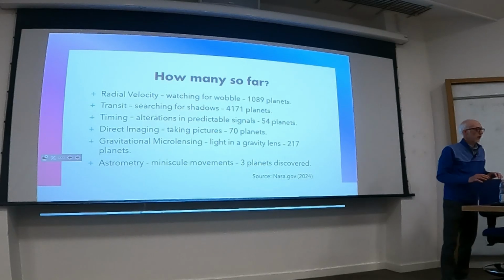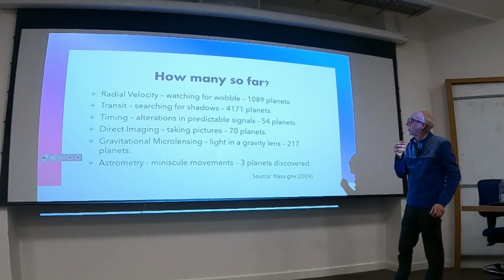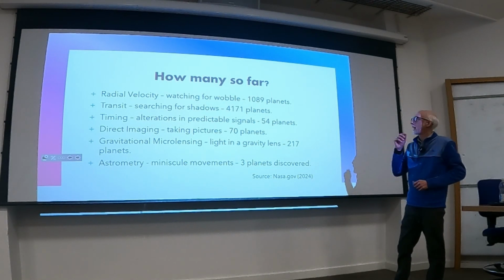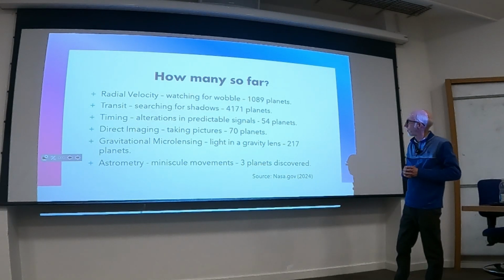So how many so far? This was accurate up to about 8 or 9 days ago, and it's probably not accurate now. We're finding them at such a terrific rate that it's all constantly updating.